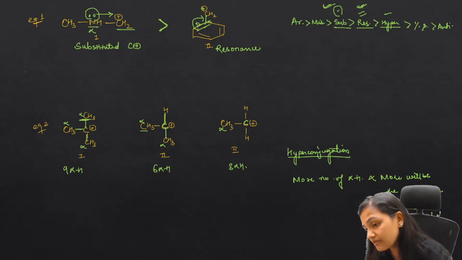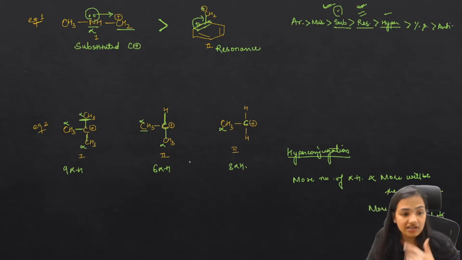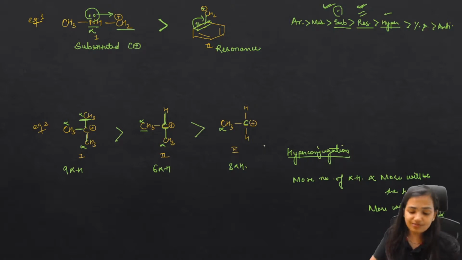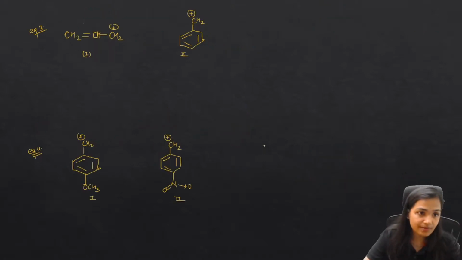So ultimately we can conclude that this is going to be more stable than this and then this. Okay, so this is the way we will answer the question.